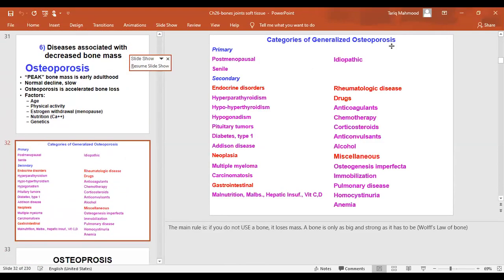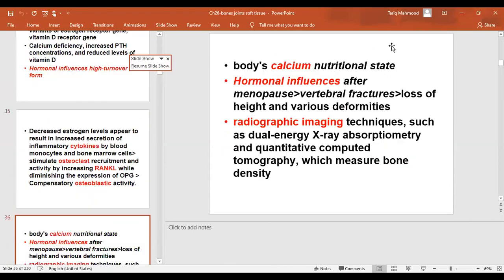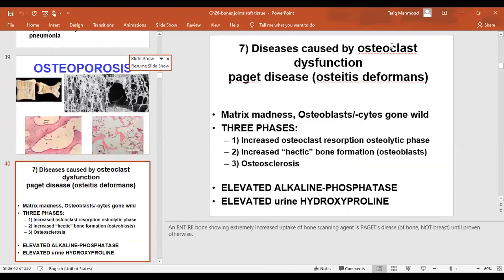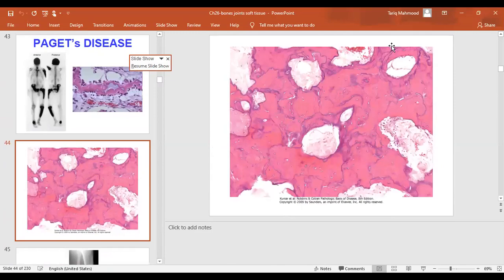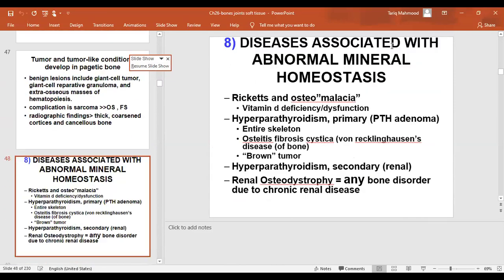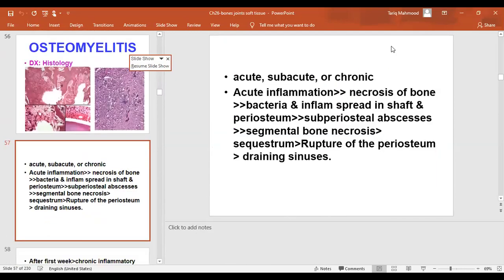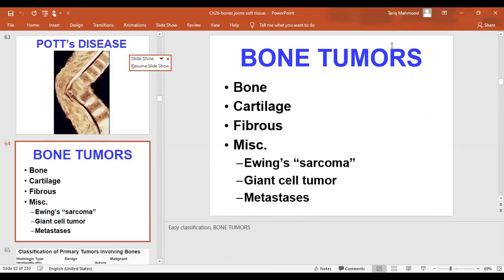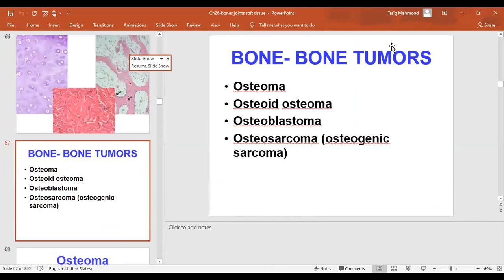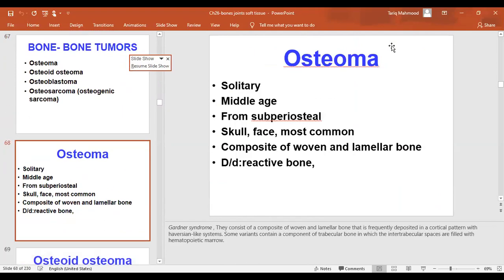So benign tumors: osteoma and osteoid osteoma, osteoblastoma. Skull and face are most commonly involved.